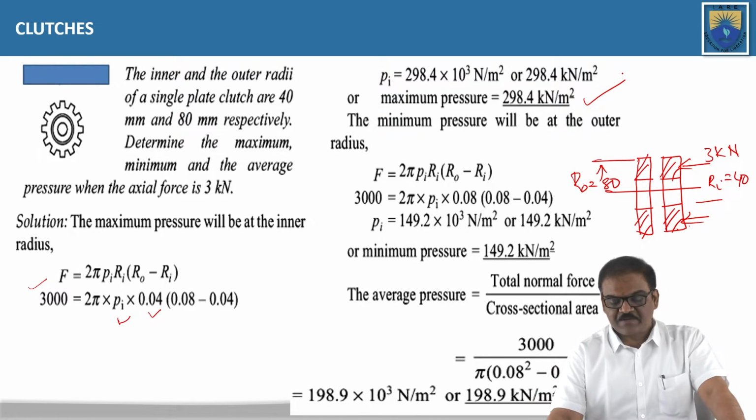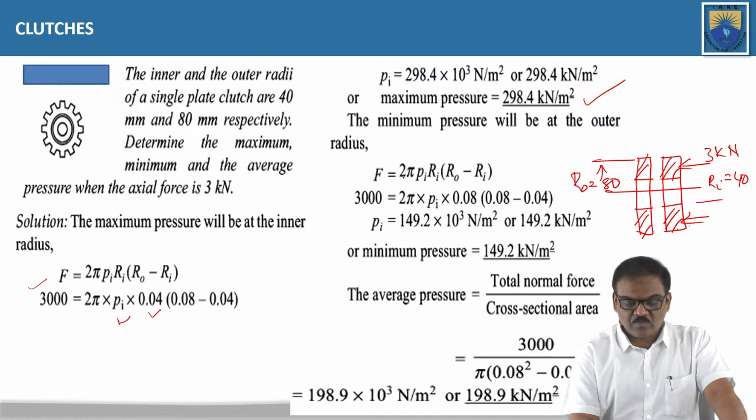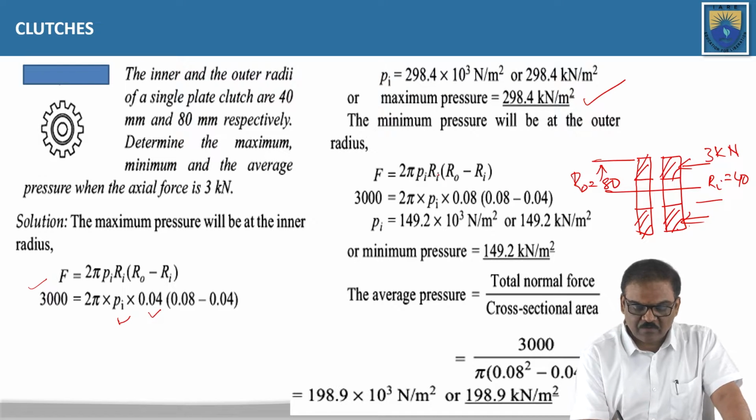The minimum pressure will be at the outer radius. Therefore, F is equal to 2 pi P outer R outer into (R outer minus R inner).